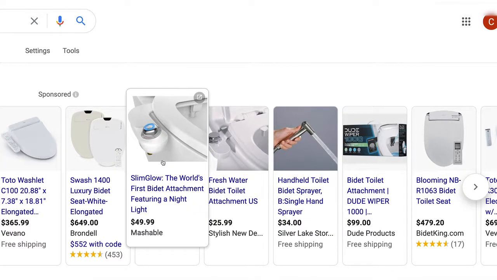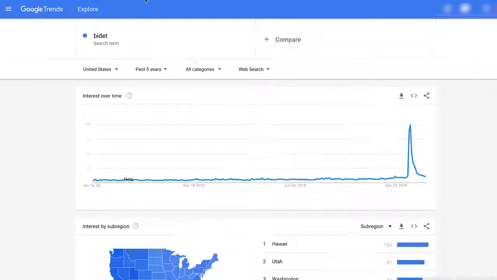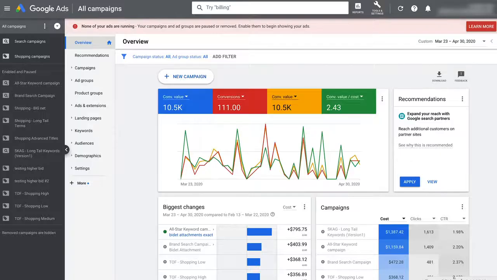However, this is definitely getting a lot better, as it's not absolutely packed to the brim with Wish and whatever other drop shippers up here. So it's starting to level off as this trend slows down. People are like, oh, you can't make money now. That's fine. But let's go back into the account and analyze some key things that you can take away.